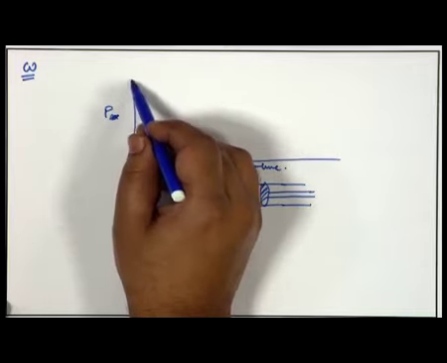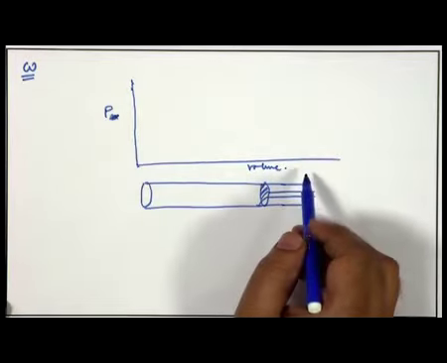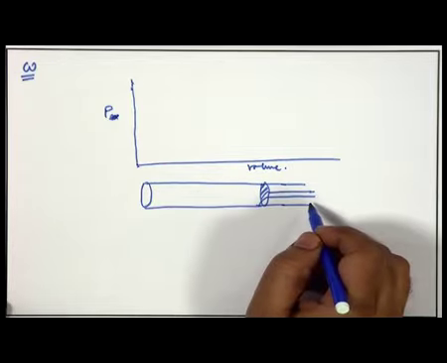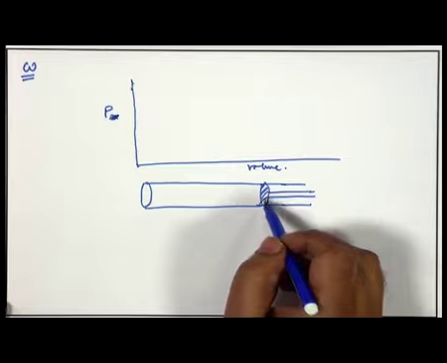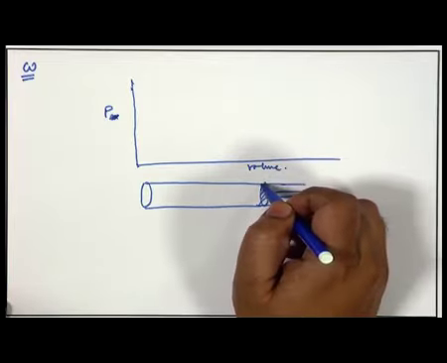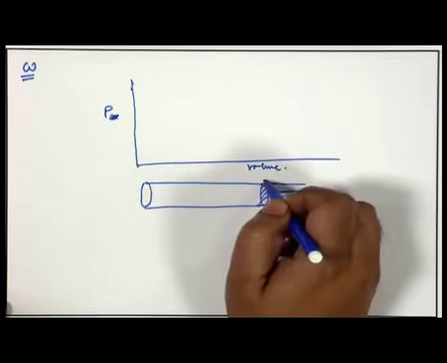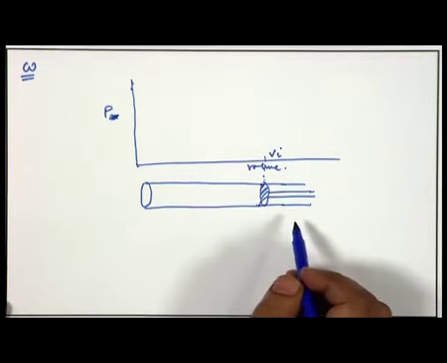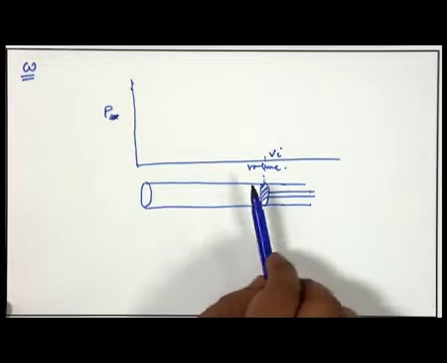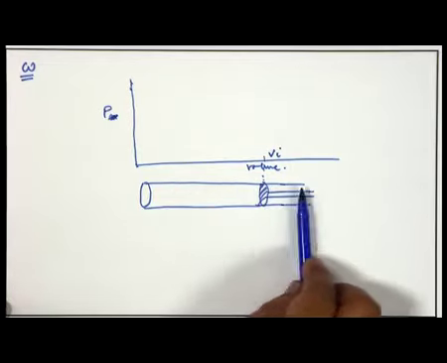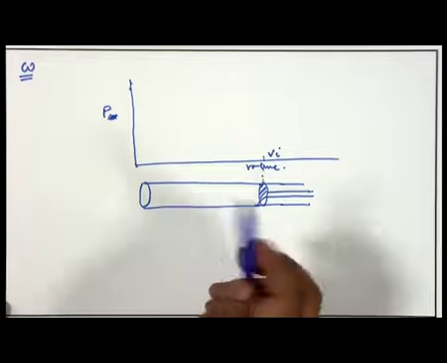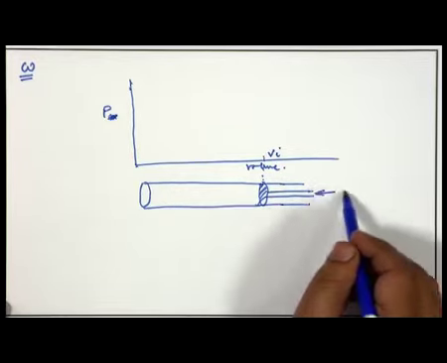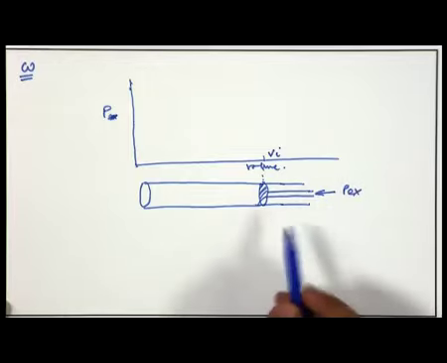So, this is pressure on the y axis and on the x axis we plot volume, and this is the system and this is the initial volume, V I. Then we compress, we apply an external pressure P x.